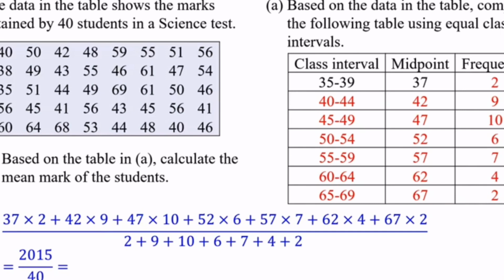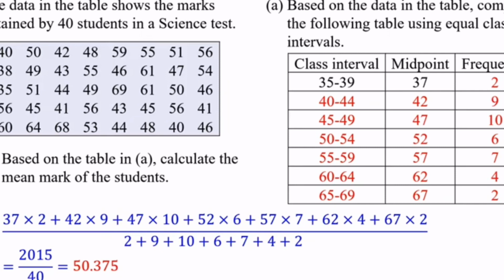So the mean is 2015 divided by 40 for the final answer using the frequency table to find the mean. So the mean is 50.375.